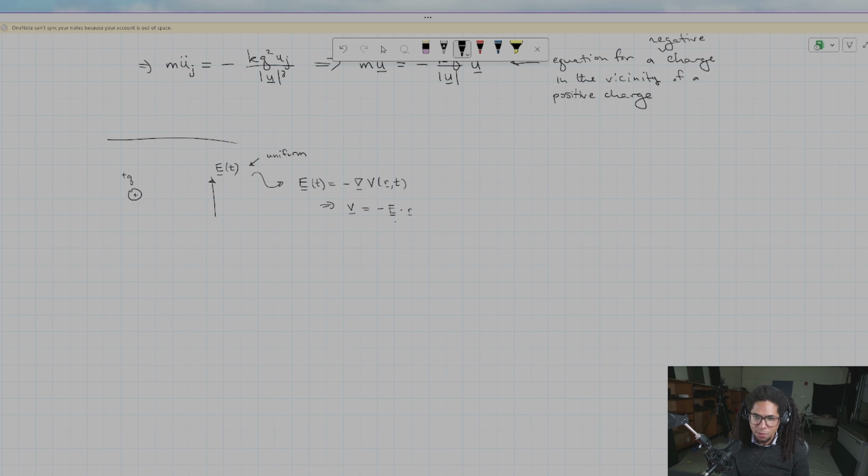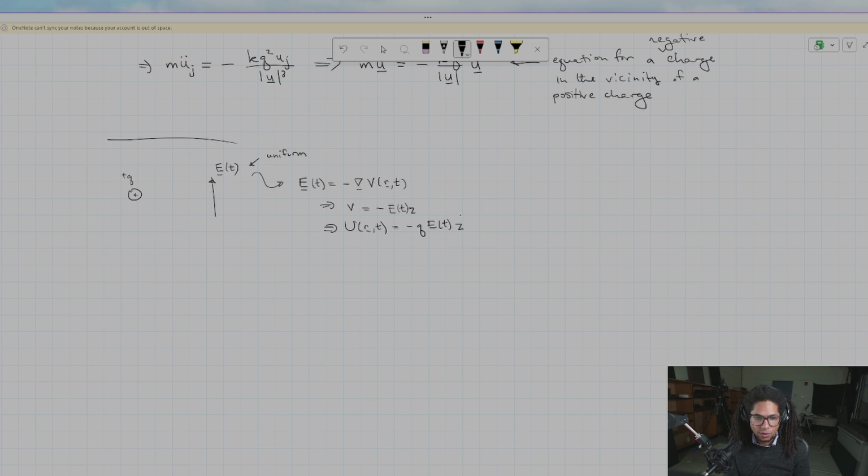Now, just for simplicity, let me put E in the z direction so that I can just say that V, which is not a vector, sorry about that, is the magnitude of E times z. Good. And that implies that the potential energy is given, so U of r and t. Just to be clear, this E does depend on t. Okay, the potential energy is given by minus q E of t times z. Good.